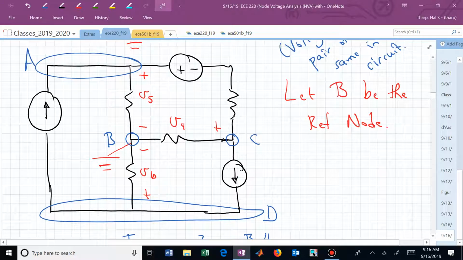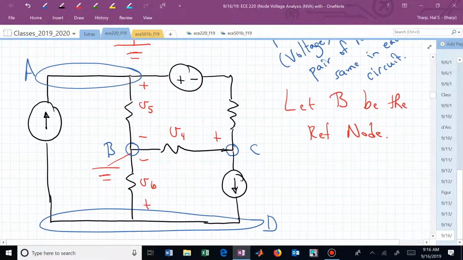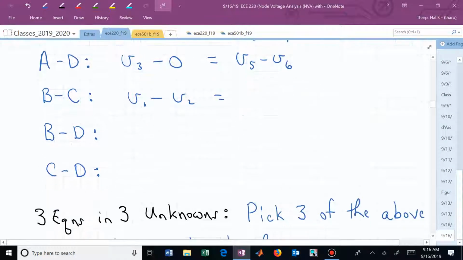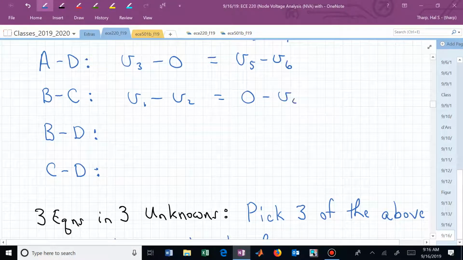And in the bottom circuit, what am I doing? B to C. It's now 0 minus V4. If you want to take something away from something, now you're taking V4 away from 0, which is our reference node. This is now 0 minus V sub 4.